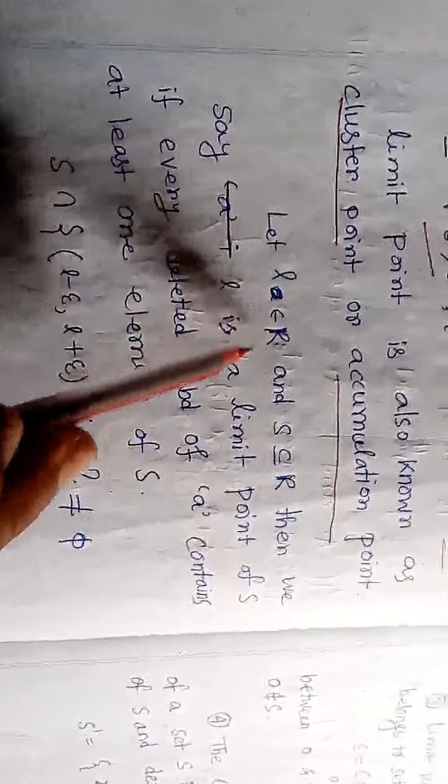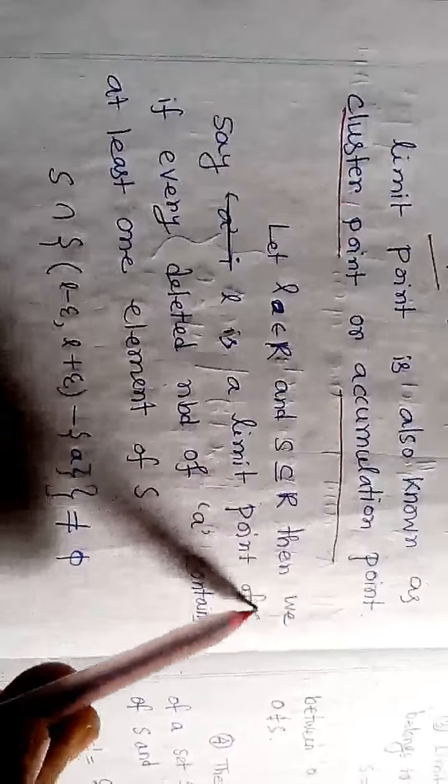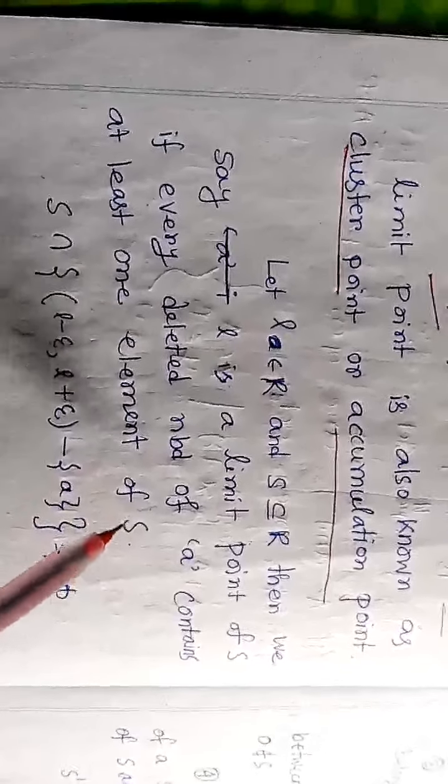Now the alternative definition of limit point. Suppose L belongs to R and S is a subset of R. Then we say L is a limit point of a set S if every deleted neighborhood of L contains at least one element of S. What is a deleted neighborhood?